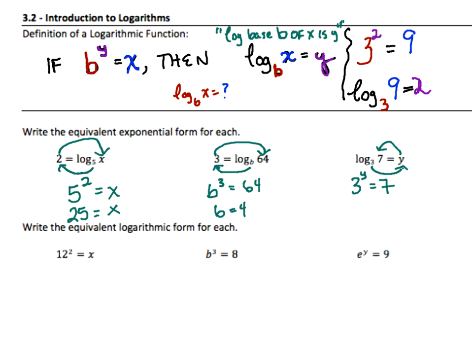Now, these are the situations where it's necessary to know how to solve exponential and logarithmic equations. Because 3 to the first power is 3. 3 squared is 9. So it's somewhere between 1 and 2. Now you could use your graphing calculator to solve this. So this is a little trick.